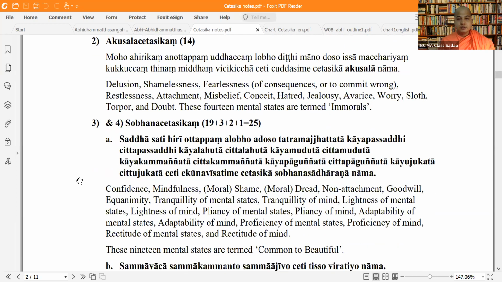And now you have 25 Sobana Chetasika, beautiful mental factors, and they are again categorized into 4 categories.